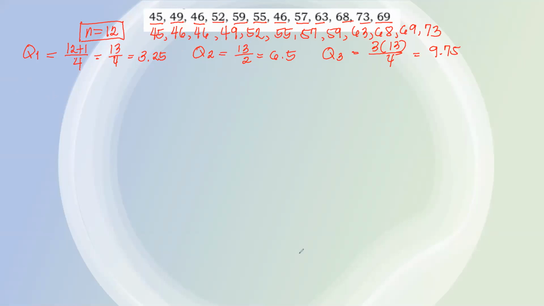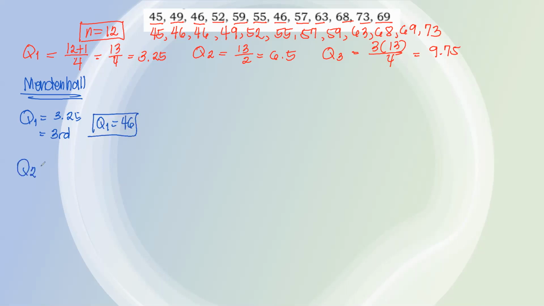Gamit tayo ng ibang kulay for Mendenhall. So sa Mendenhall, yung Q sub 1 natin is 3.25. So mag-round down tayo dyan. Ibig sabihin third data. 1, 2, 3. Ibig sabihin yung Q sub 1 natin is 46. Q sub 2, that is 6.5.